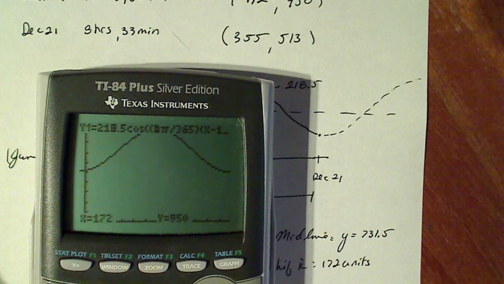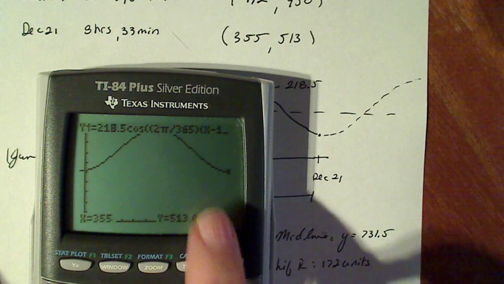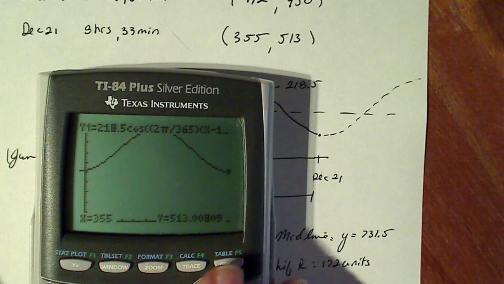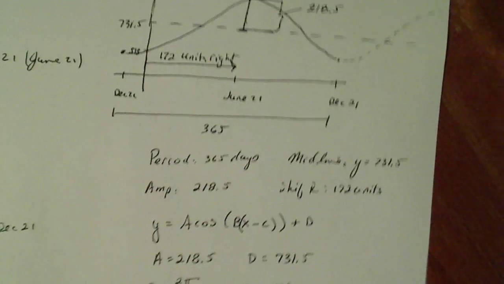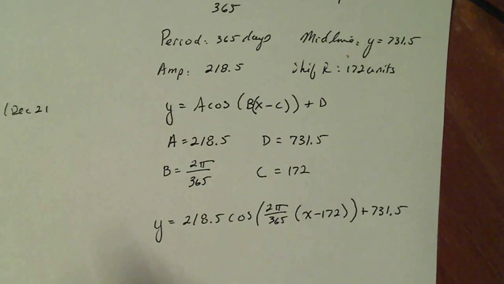I should also be able to type in 355 and get 513, which is not exact, but pretty close. So it looks like my model works. Here it is down here: 218.5 cosine of 2 pi over 365 times the quantity x minus 172, plus 731.5.